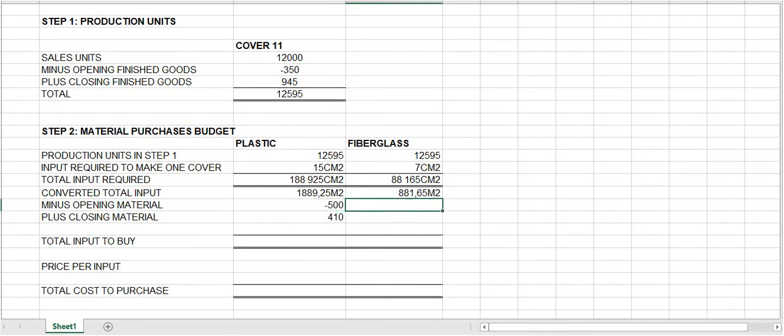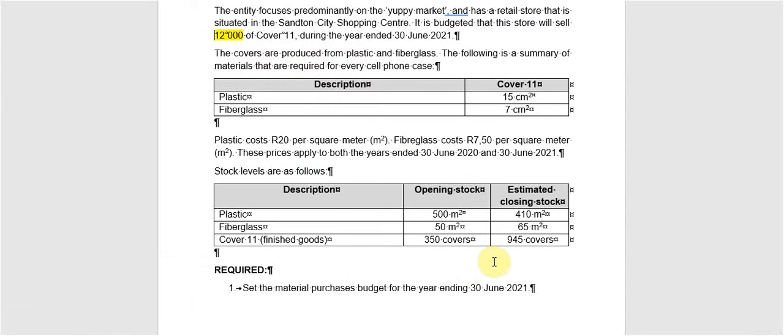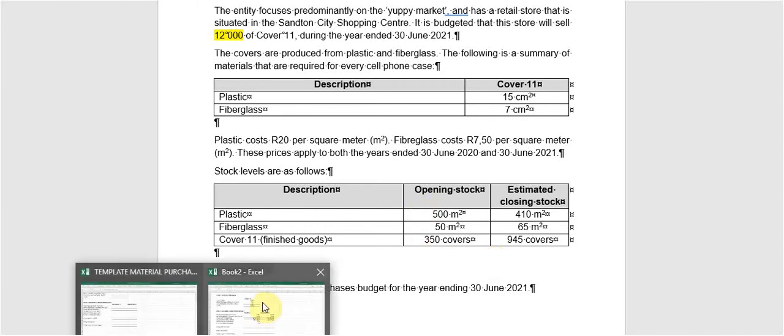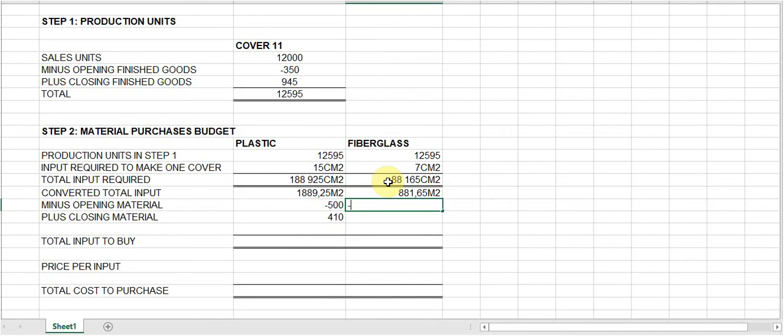For the fiberglass, it was 50 opening square meters and 65 closing square meters. So it's going to be minus the 50, because we already have that and it is not to be purchased, and then an additional 65 so that we have something left in the warehouse at the end of the budgeted period.